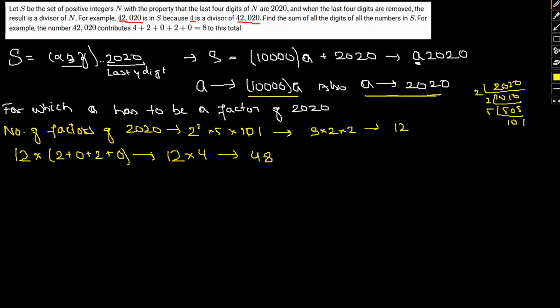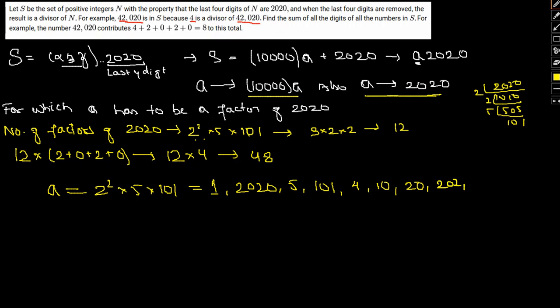It pertains to the factors of 2020, in the form 2 squared into 5 into 101. a can take the value 1, 2020, 5, 101, 4, 10, 20, 202, 505, 404, and 2 as well.